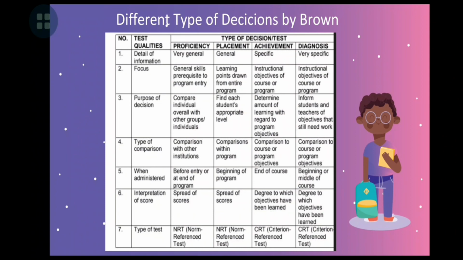Finally, proficiency and placement decisions will be best served by NRT tests. The other two types of decisions, achievement and diagnostic, will be best served by tests that help to determine the degree to which students have achieved the knowledge or skills required by the objectives. Moreover, the achievement and diagnostic decisions will be best served by CRT tests.